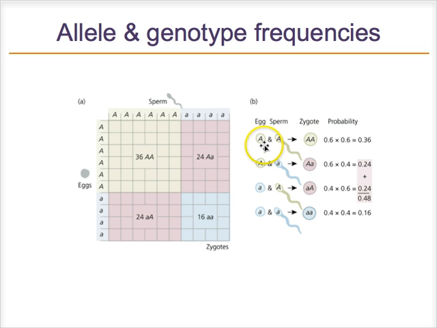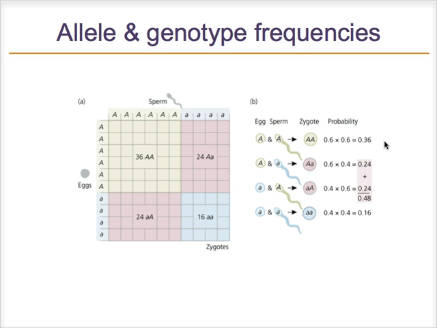So I have the probability that an egg will contain the capital A allele, which is equal to the capital A allele's frequency in the gene pool, and I have the probability that the sperm will contain the capital A allele, which is right here, and then the probability that these two cells will fuse to form the zygote is the probability of this times the probability of that, which gives me the probability of a homozygous capital A zygote of 0.36, or a 36% chance that this gene pool will give rise to a homozygous dominant zygote.